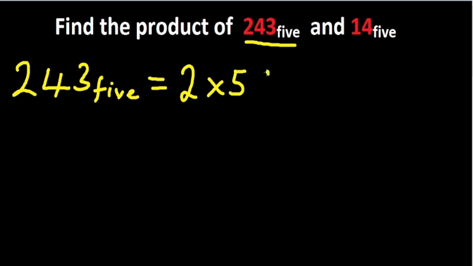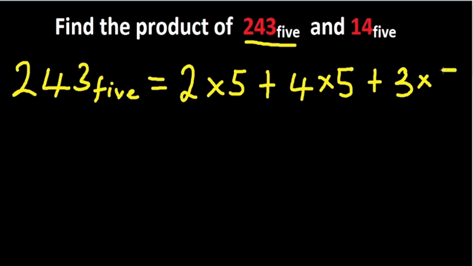So plus 4 times 5. Now starting from the right hand side, I have 0, 1, 2.